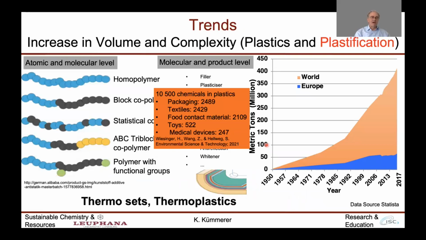Another trend, as already mentioned, not only with electronics, also with plastics, increasing volume and complexity. So we cannot talk only about electronification, we also should talk about plastification of our world. And you see here on the left side, it starts already at the molecular level of the polymer, different atoms in different arrangements.